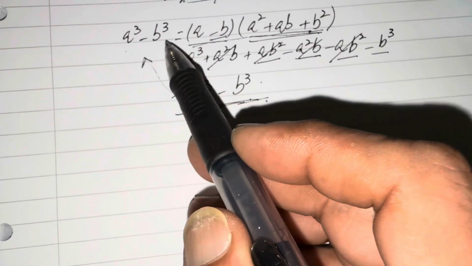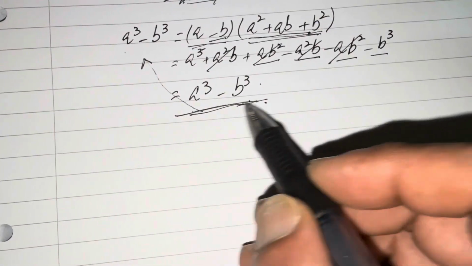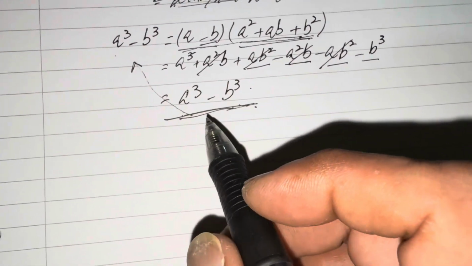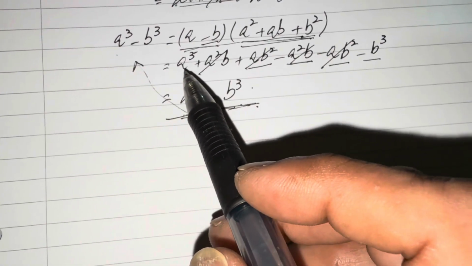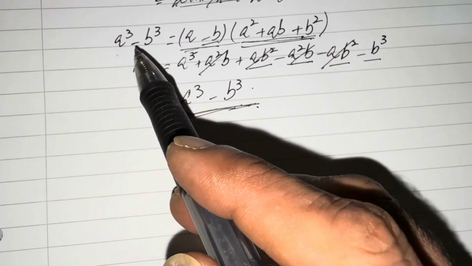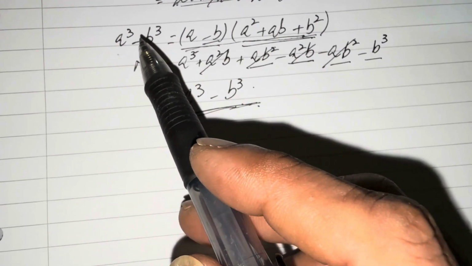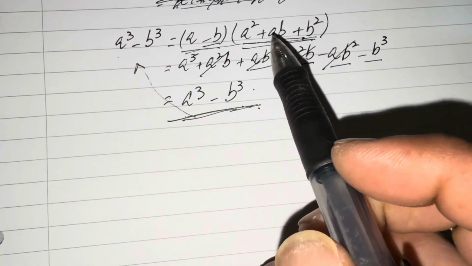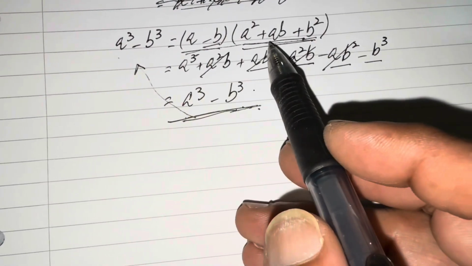So A cube minus B cube you can write in this way. So that was the lecture about the two cubic variables, when they are adding or subtracting with each other. So how can we write down this formula into expanded form?